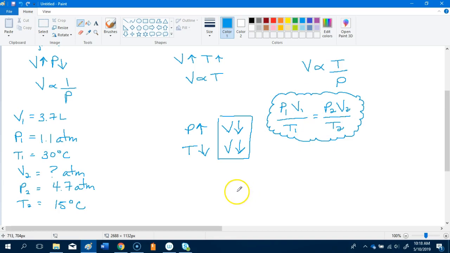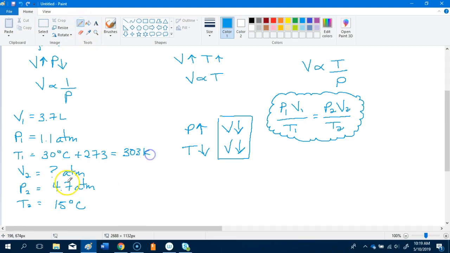Let's see if we can prove that prediction based on this formula. Before we do that, we have to make sure that our units are compatible with this formula, which means our volume needs to be in liters and our temperature needs to be in Kelvin. Our initial volume is in liters, so we don't have to convert that, but our temperatures are given in degrees Celsius, so we add 273, which gives us 303 Kelvin.